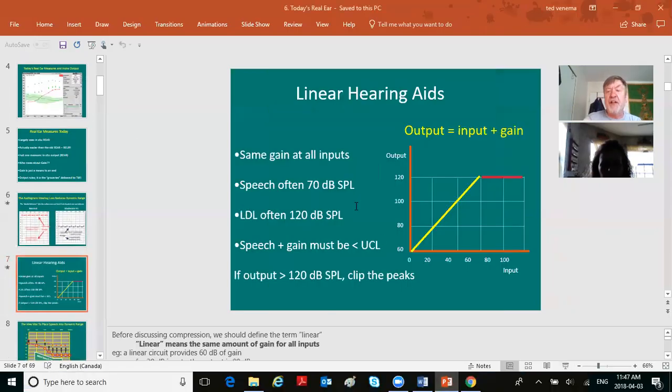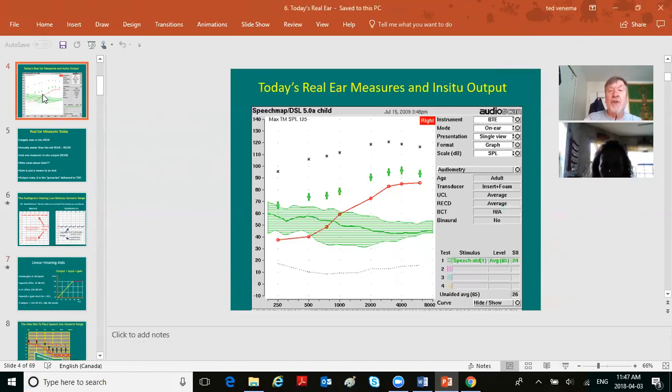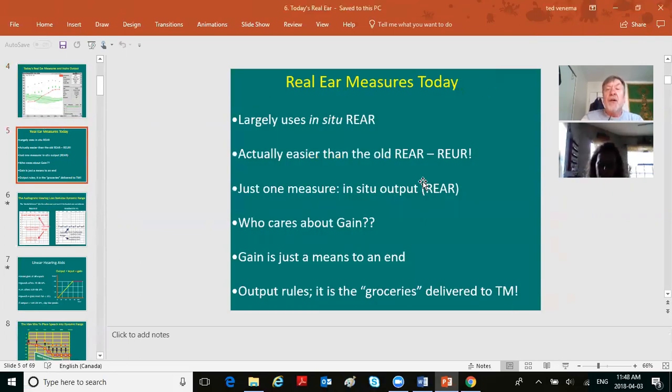Well, we actually did cover that before, so we really don't need to look at that, basically. But for an adult, what do you think the targets would be? They would be a little bit lower, wouldn't they? The targets would probably be, if you follow my cursor, about 5 or 10 dB below, because children need more output and gain than adults do. So it's just something to keep in mind.